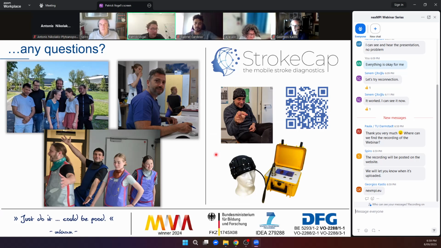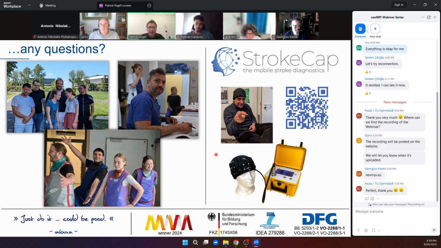We are looking for the best ways. We also got the permission now from the ethics commission here to go into the first in vivo imaging processes, and we will see how far we can push this. So everything is doable. All my hands are working, and my hands are quite often in this scanner.